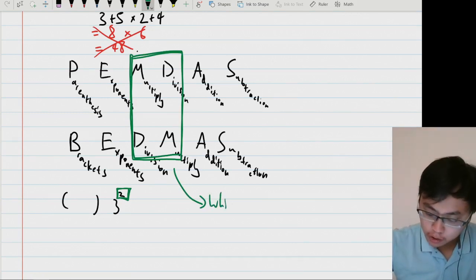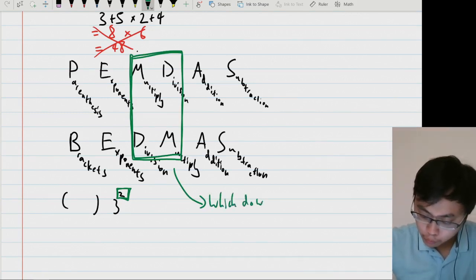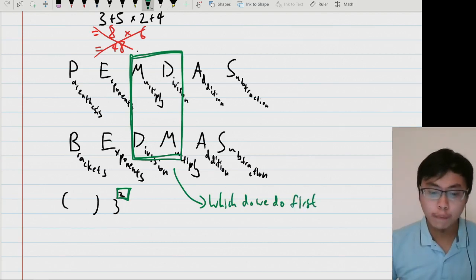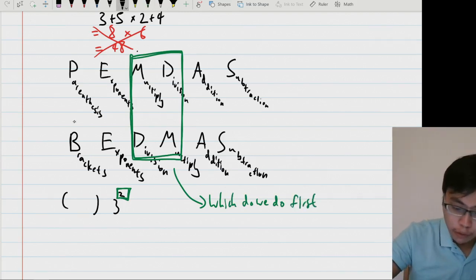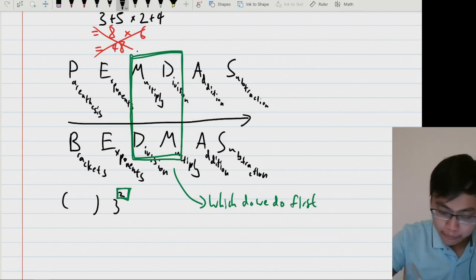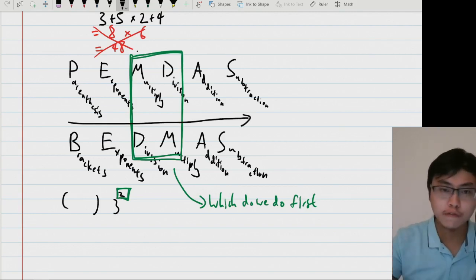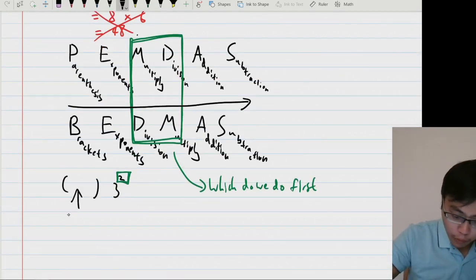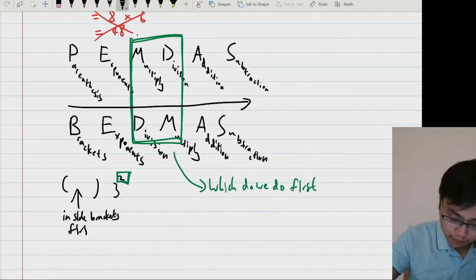So, which do we do first? You all know orders of operation means that we do it in this order. We do parentheses first, whatever is inside the brackets first.